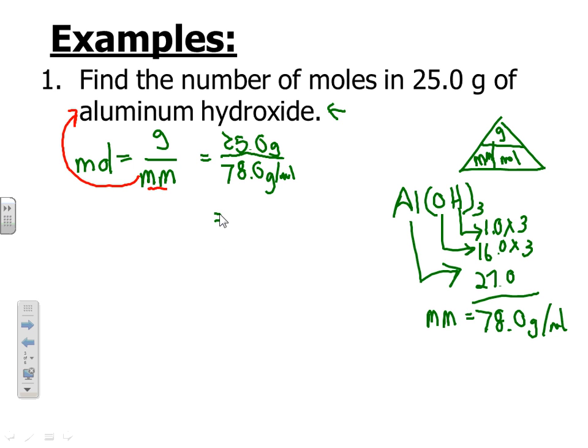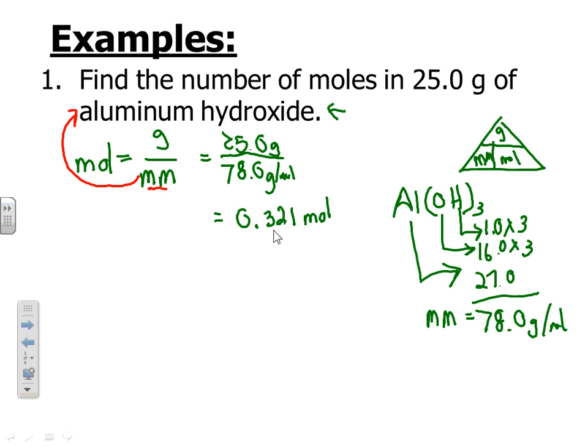Now I'm ready to find the moles. 25 divided by 78 equals, and that is 0.32, and this last digit would round to 1, and that is moles of substance. Remember, I've got 3 significant digits here, 3 significant digits here.